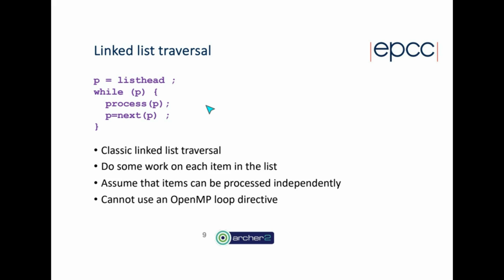Then you could allocate an array of pointers of that size, traverse the list again and store all the pointers to the items in the array. Then you could have a regular for loop that traversed the array of pointers and called process on each of them, and you could use a regular OpenMP parallel for on that loop.